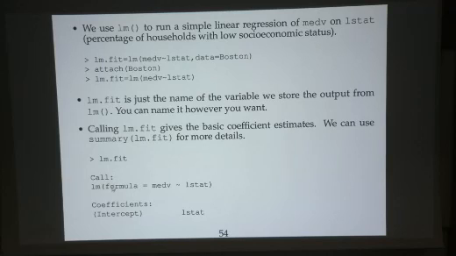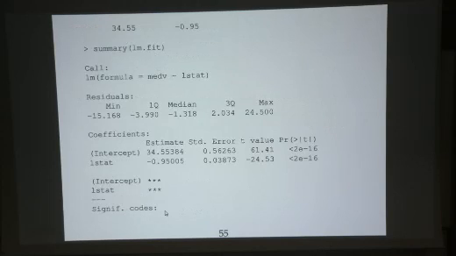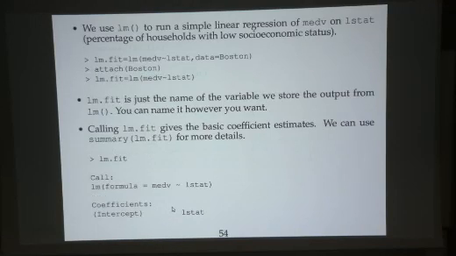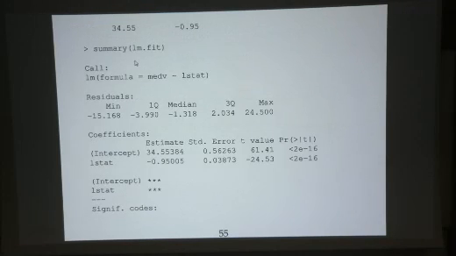You see the call, which is the formula, and then the coefficients, which are the intercept, beta naught hat, and the coefficient of this predictor, beta 1 hat. These are 34.55 and minus 0.95. And also you can run a summary.